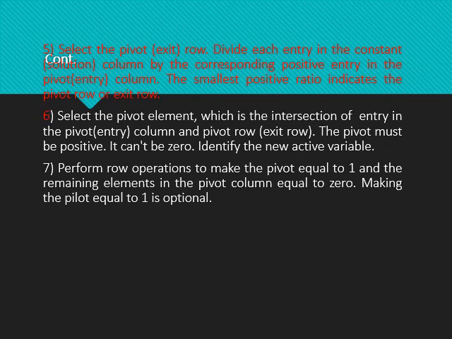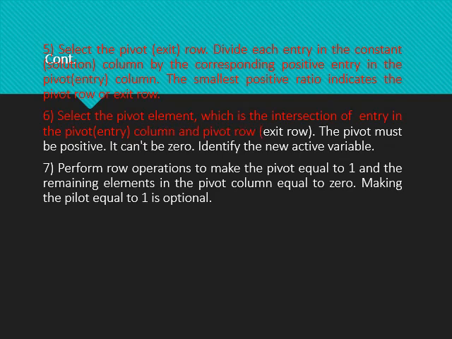Select the pivot, which is the entry in the pivot column and pivot row, the intersection point between the entry variable and the exit variable. The pivot must be positive, conditionally. It cannot be 0.